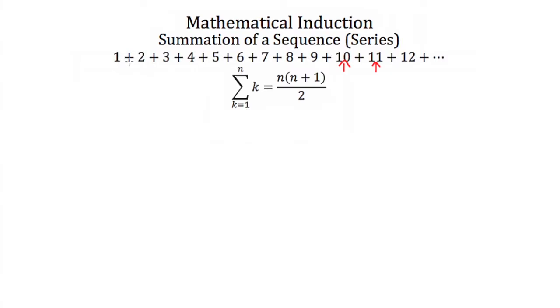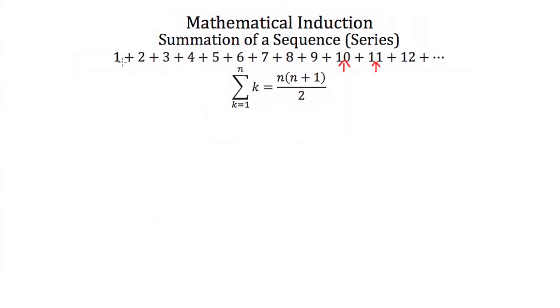Because k can be any one of these values. And if we say it works for any one of these single values, then we just check and see if it works for the next value, because then it means it works for all the values.